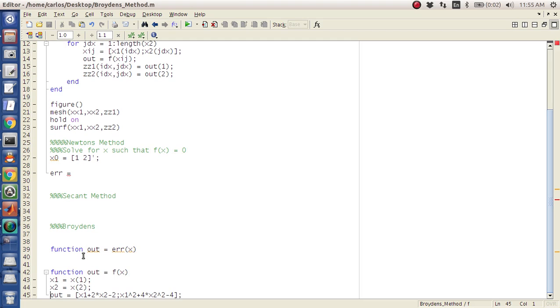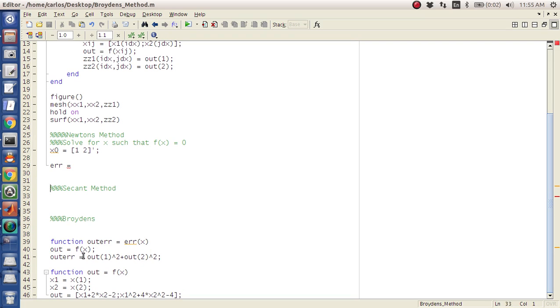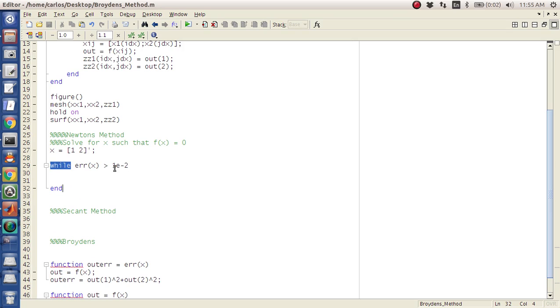First, evaluate f of x, and then my out error is equal to out 1 squared plus out 2 squared. Then I'm going to say while error of x, and I don't need to do absolute value because there are squares here, so there's no problem. While error of x is greater than 1e minus 2, do the Newton-Raphson.